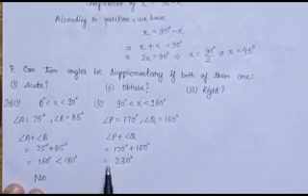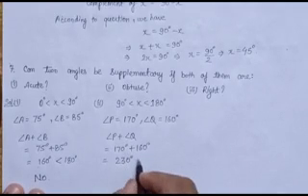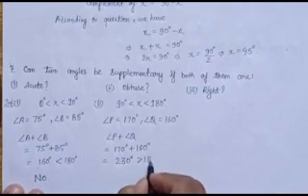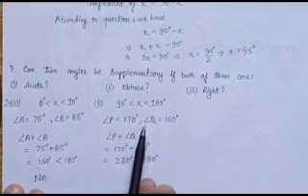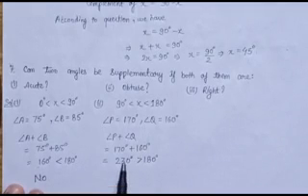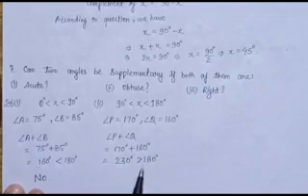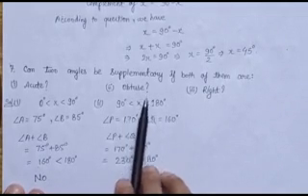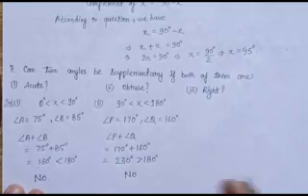So here you can see that the sum of these two obtuse angles is greater than 180 degree. Hence we can say that these two angles are not supplementary, because two angles are said to be supplementary only if their sum is equal to 180 degree. But here, when the two angles are obtuse, their sum is greater than 180 degree. Hence again our answer is no.